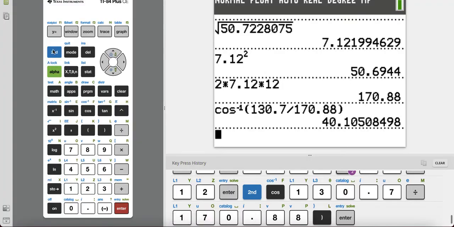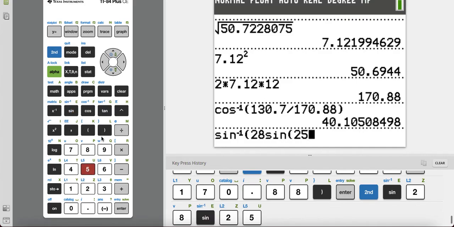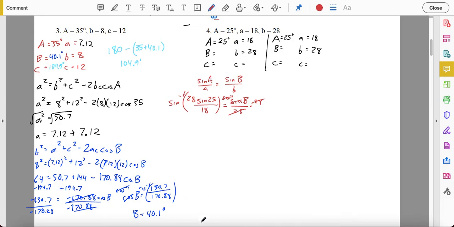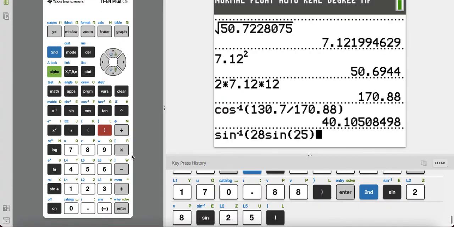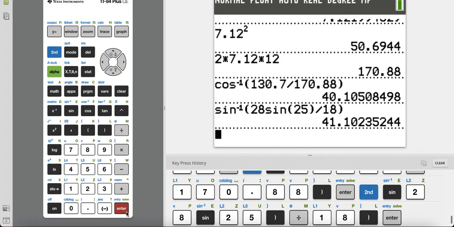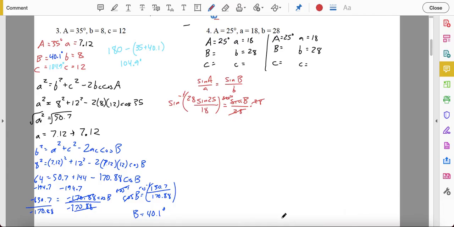Inverse sine of 28 sine 25 divided by 18. All right, so we're entering that in the calculator and we get that. The first angle we can find is 41.1 degrees. So angle B is 41.1 degrees. So that's what we get, and that's what we put in our first triangle here.